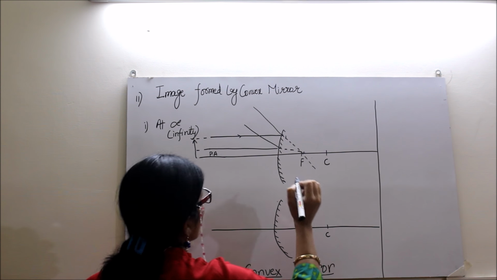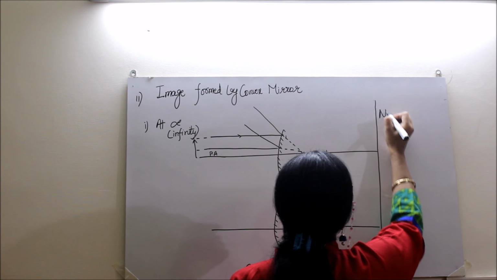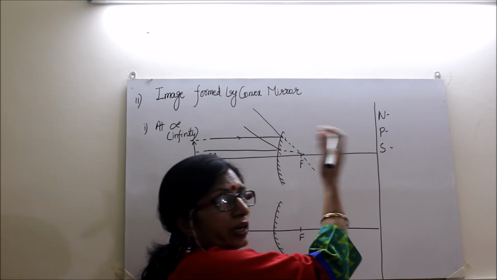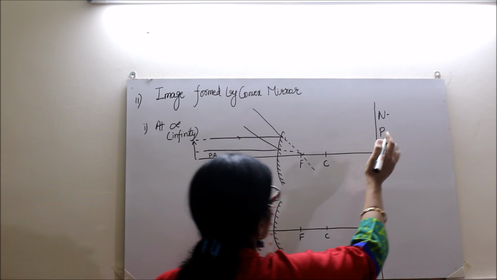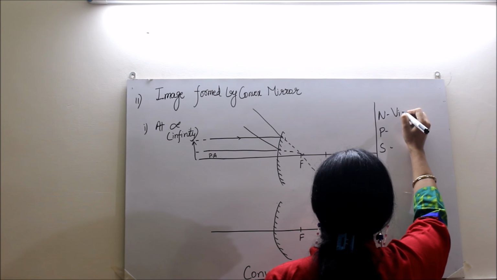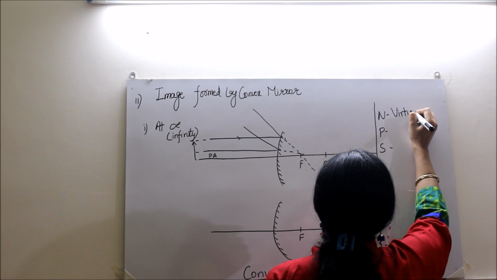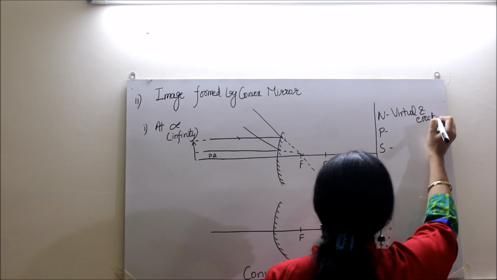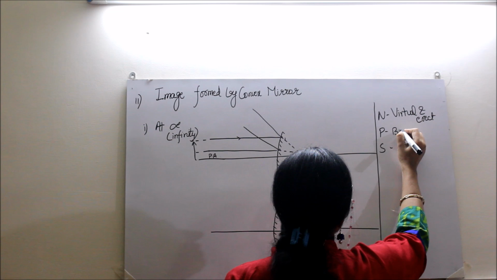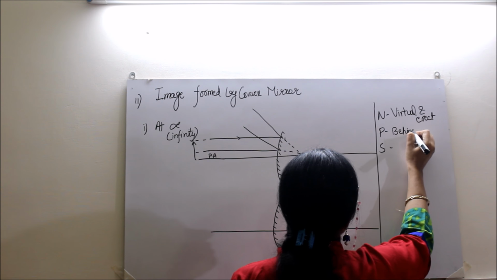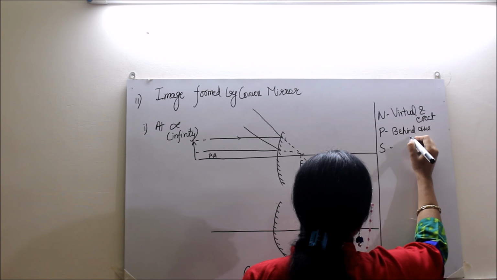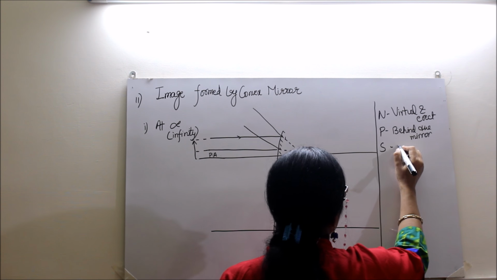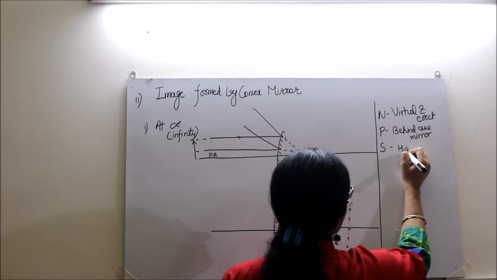This image is formed at focus. Then we'll discuss nature, position and size of the image. Nature is virtual and direct. Position is behind the mirror. And the image is highly diminished.